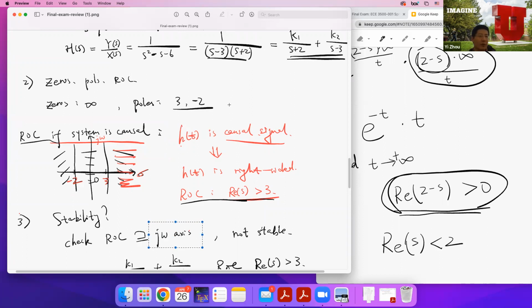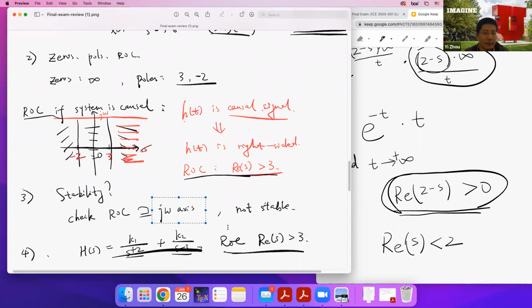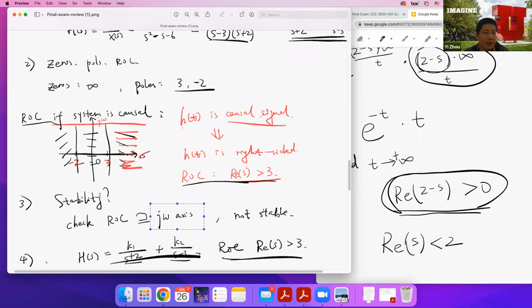Now, in this case, we can see that this ROC does not include the y-axis because 3 is to the right of the y-axis. So it is not a stable system. So if you want it to be causal, it cannot be stable for this example.